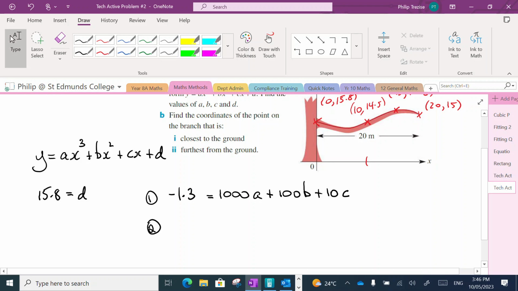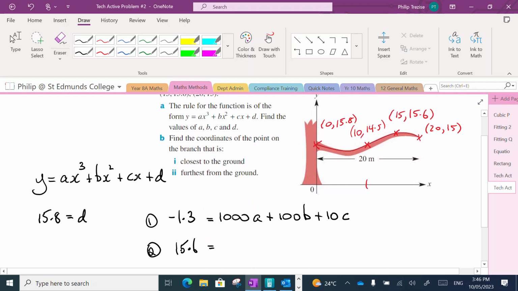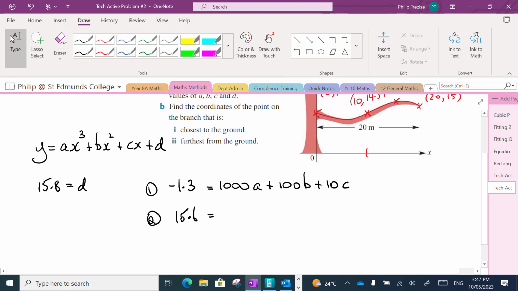Let's use the next data point for equation 2. We'll have 15.6, and 15 now as the x coordinate. So we need 15 cubed. Of course, you could use your calculator. That's 3,375a. And then we have 15 squared, which is 225b.